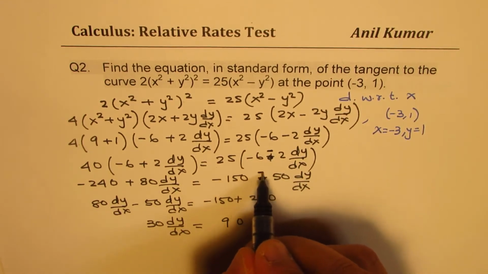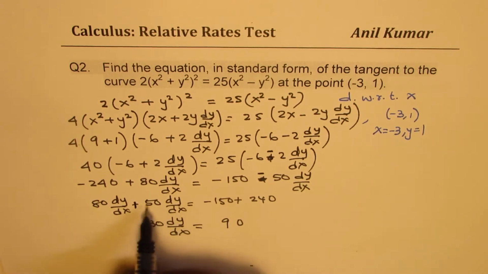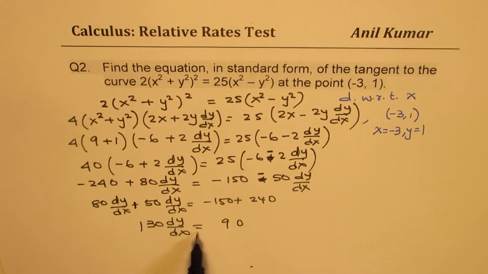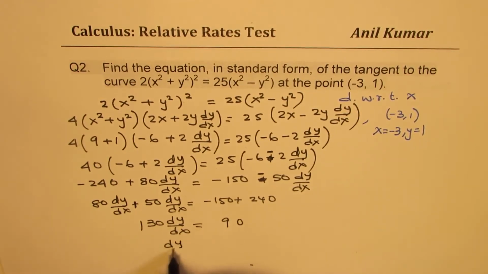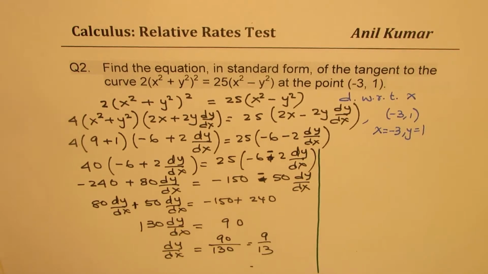So this is actually minus, so it becomes plus, and it is 130. Right? So 8 plus 5 is 13. So it is 130 dy/dx equals 90. So from here we get dy/dx as equal to 90 over 130, or 9 over 13. Correct? So we get our slope at the given point.